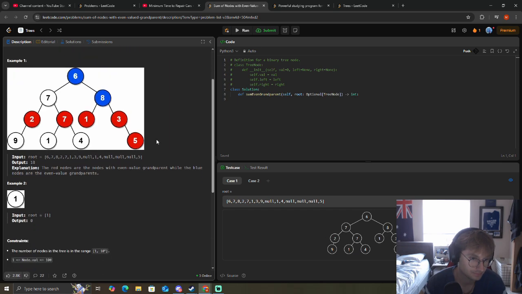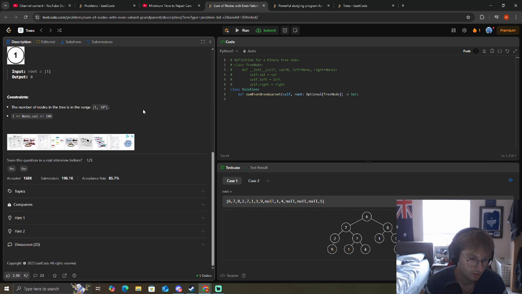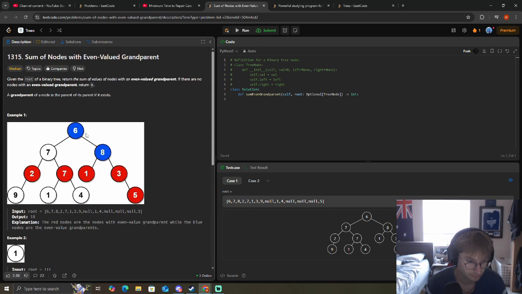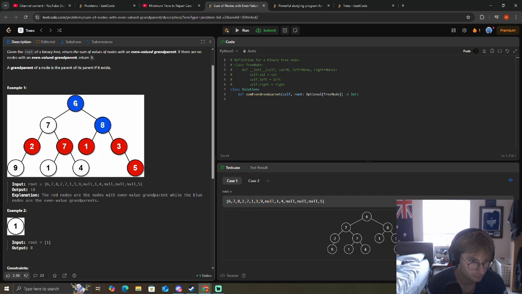Okay. So we got an even value grandparent, right? So we go 2 plus 7 plus 1, 3. 5 is even valued. Okay.